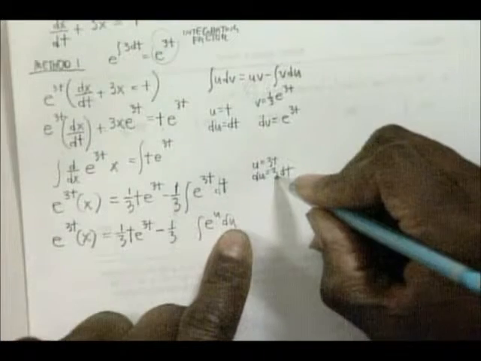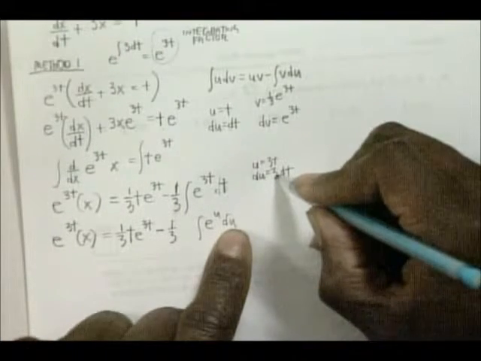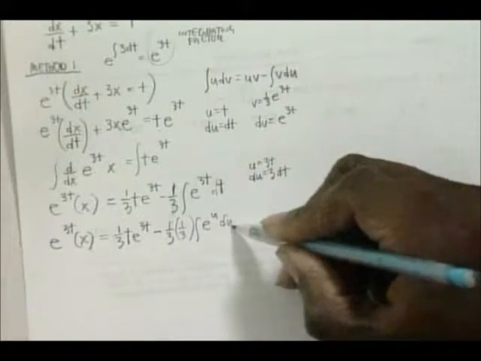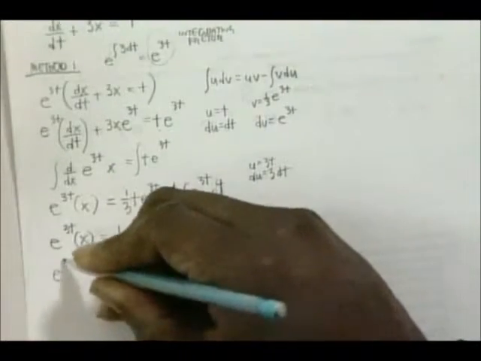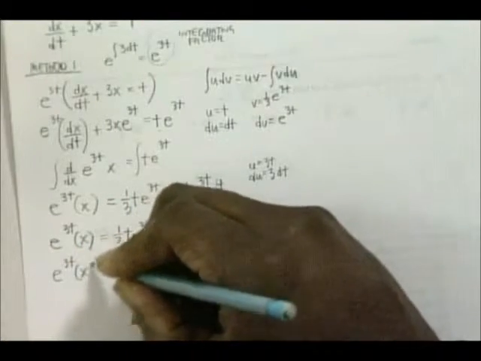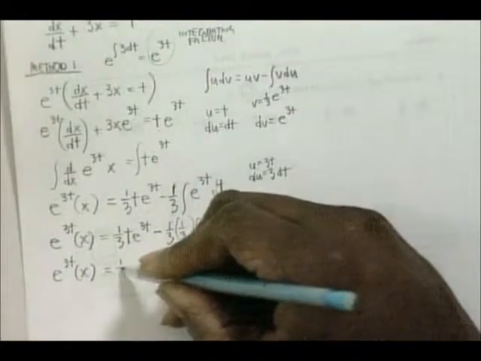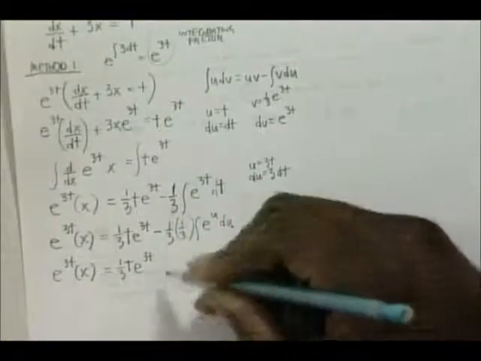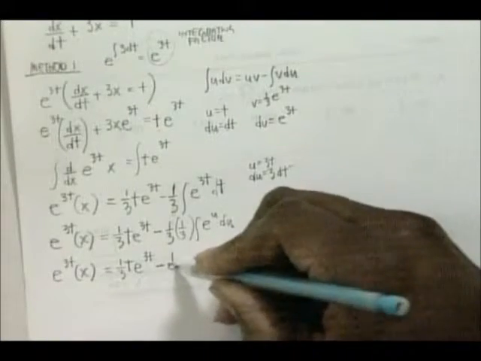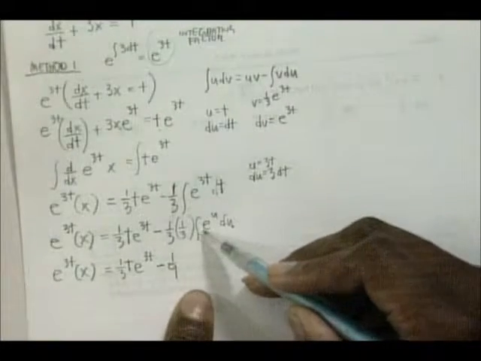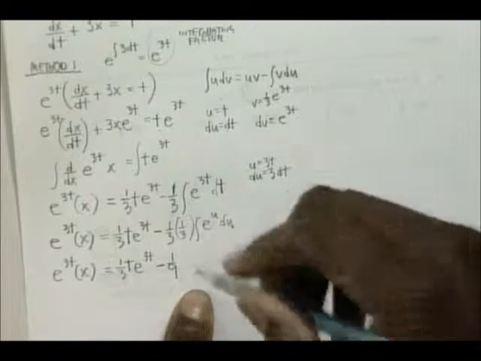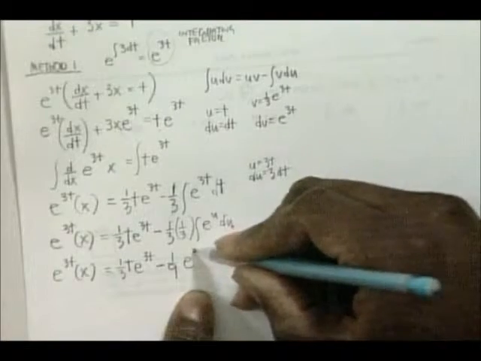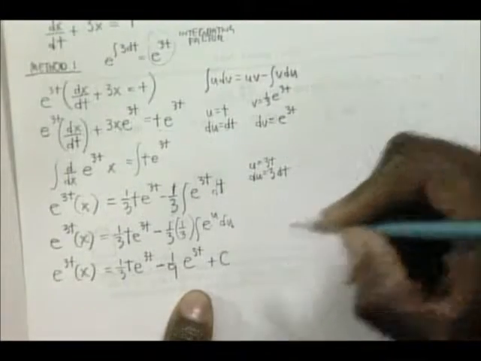With this du there's no 3 in that problem, so we'd have to multiply by 1/3 to get rid of the 3 that would be in the du. Simplified, this would be e to the 3t times x is equal to 1/3 t e to the 3t minus 1/9. Now you take the antiderivative of e to the u. Antiderivative of e to the u is e to the u. u is 3t, and then you put the plus c there.